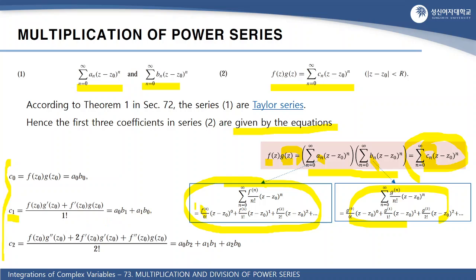Let's check it. c_1 means n is 1, which means the order of this term is 1 in terms of variable z. So we need the terms of degree 1. That can be made by two cases, this and this.